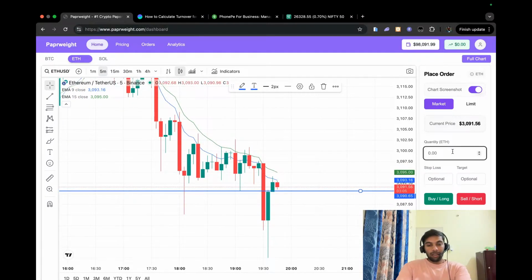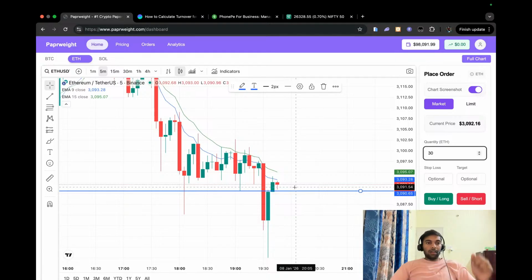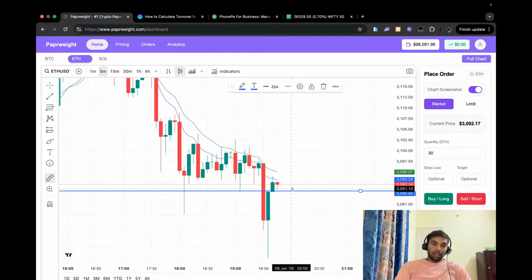So we will short the market at this point. As soon as it reaches this, we will short the market, and let's see what our risk looks like. From this point, it's a 2 point risk, 2.5 point risk.